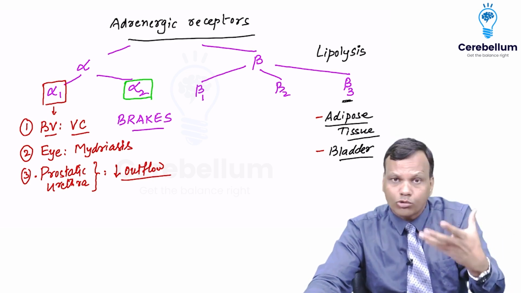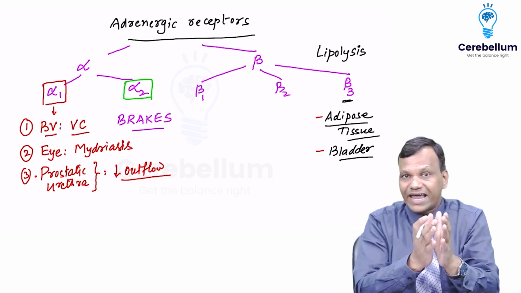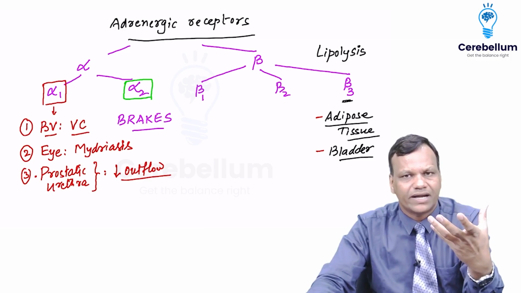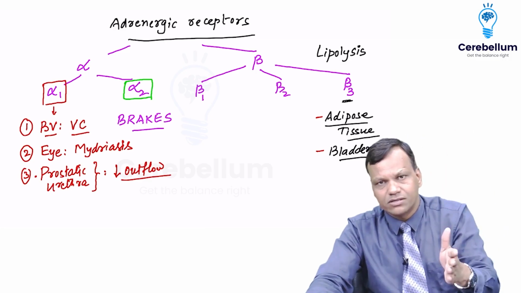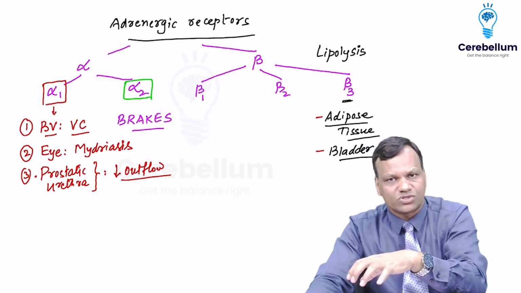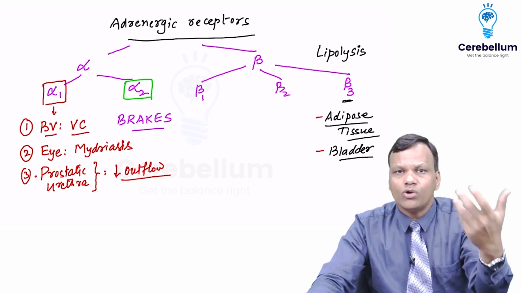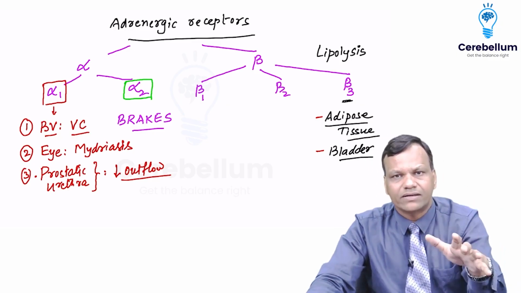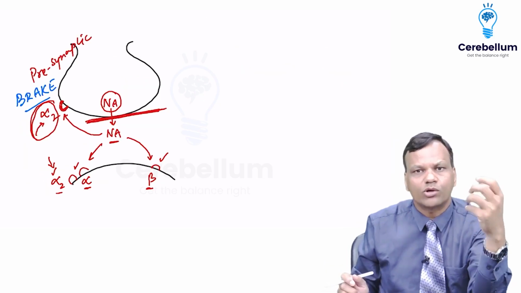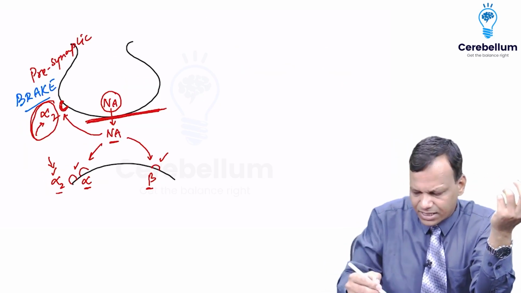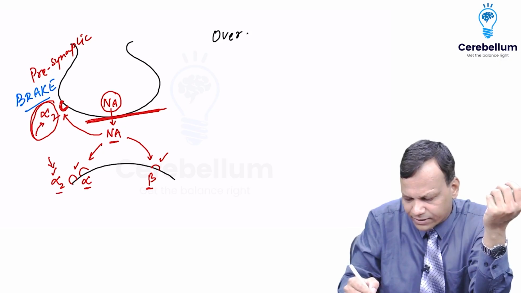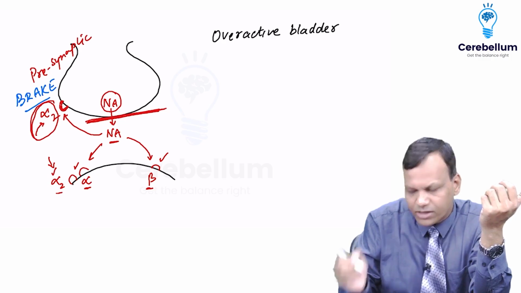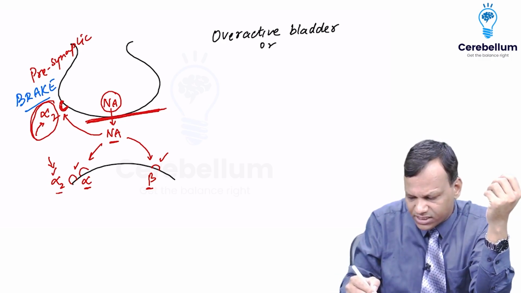How is urine outflow decreased? It relaxes the bladder. So beta 3 on the bladder relaxes the bladder, so urine cannot be passed. During this process we developed a beta 3 agonist drug, which stimulates the beta 3 receptor and relaxes the bladder. In which condition would you like to relax the bladder? In case of overactive bladder, remember, urinary incontinence or detrusor instability.